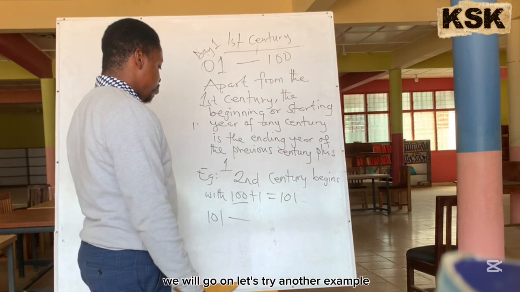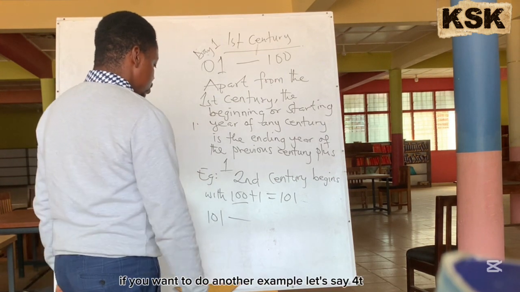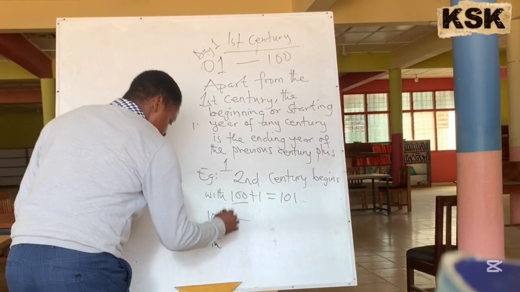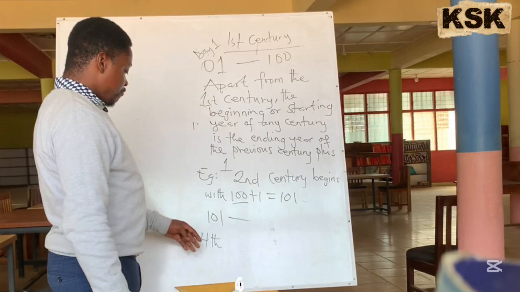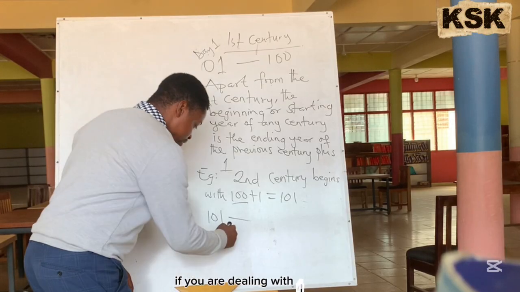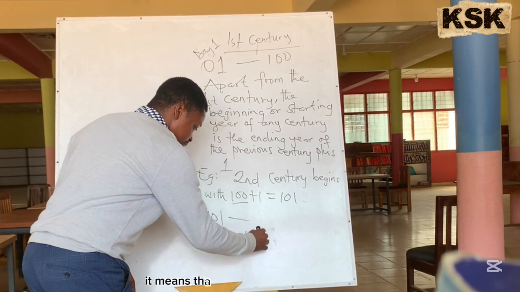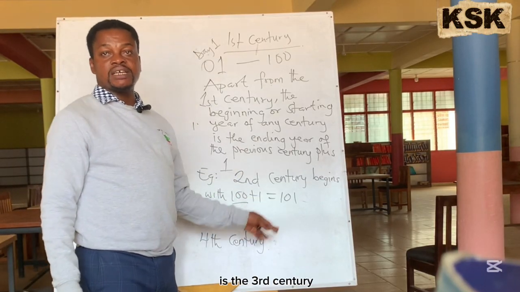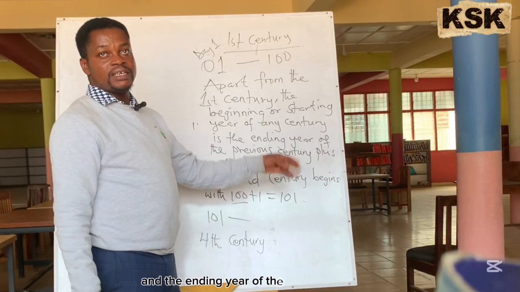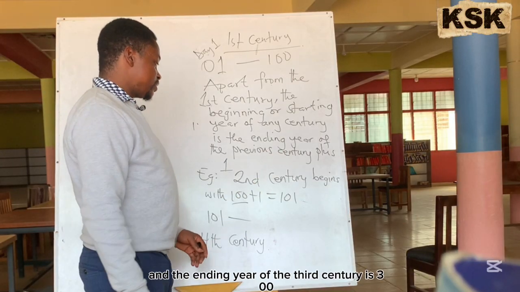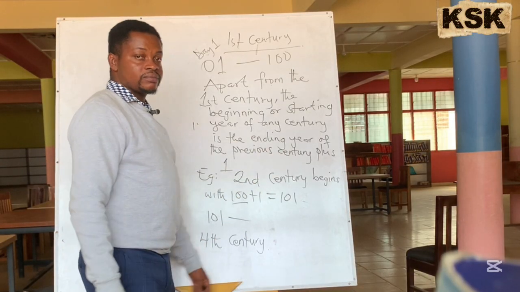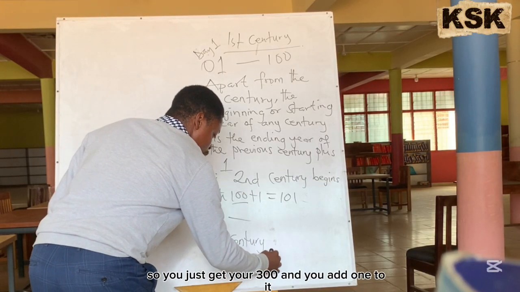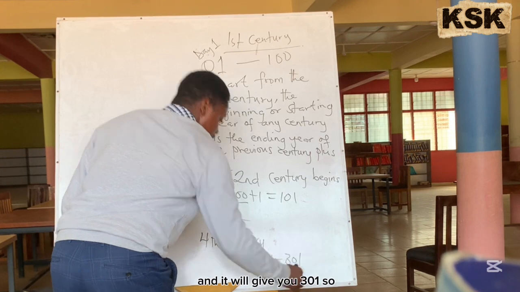Let's try another example, let's say the 4th century. If you are dealing with the 4th century, it means that the immediate previous century is the 3rd century. And the ending year of the 3rd century is 300. So you just get your 300 and you add 1 to it, and it will give you 301.